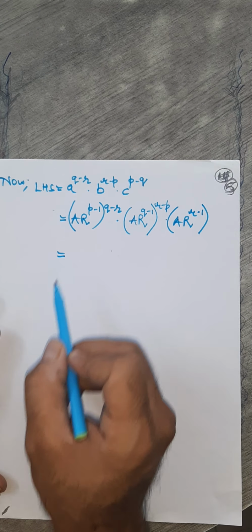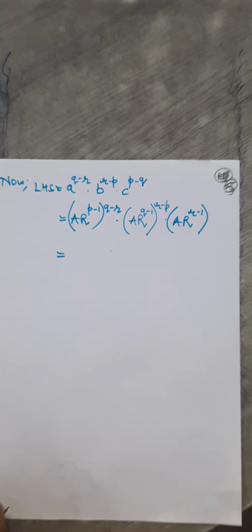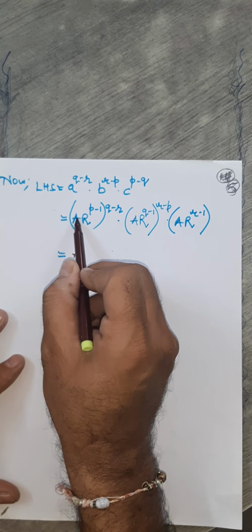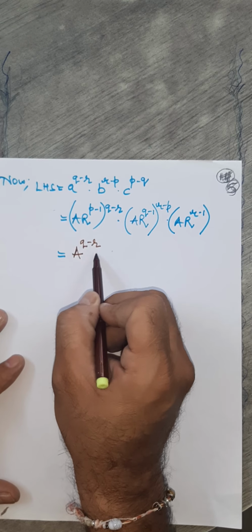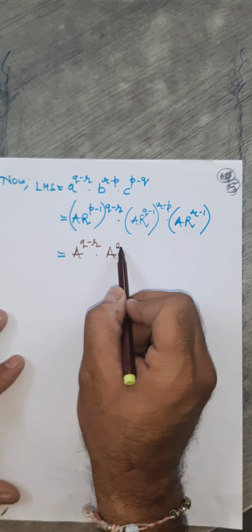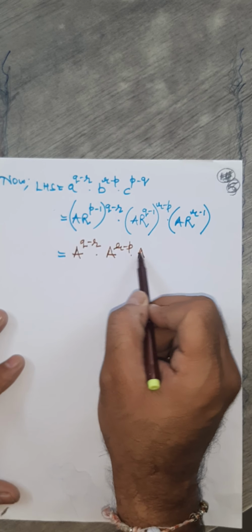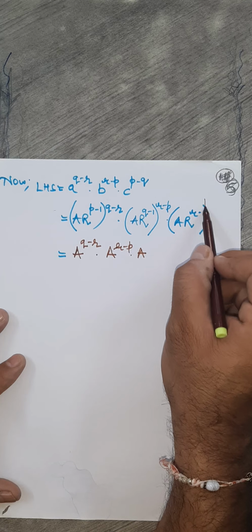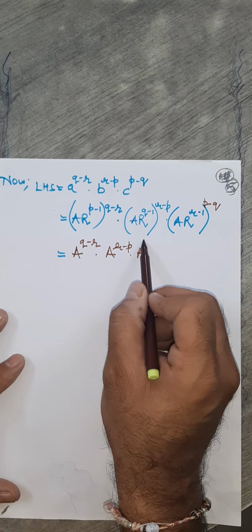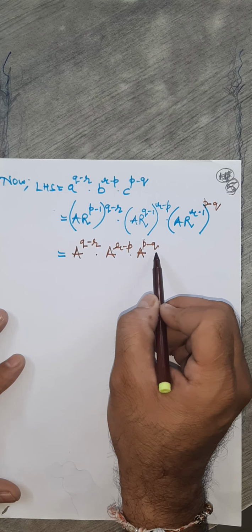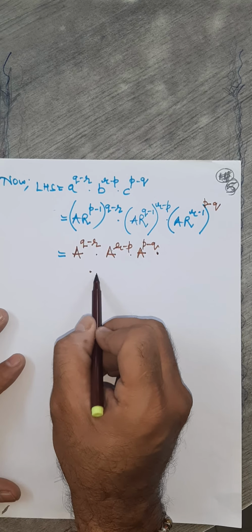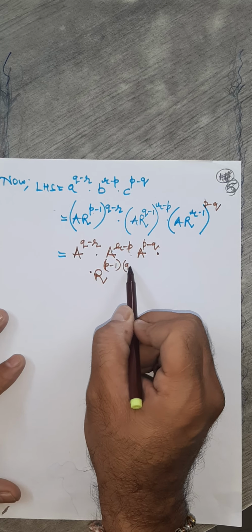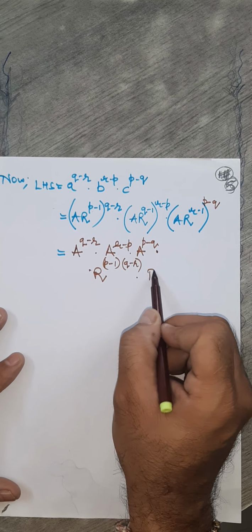Fine. Now we are just simplifying and you will see that you have that power equal to 0. I'm collecting powers of A. So A raised to q minus r into A raised to r minus p into A raised to, sorry, I forgot to write that power. That power is p minus q here. A raised to p minus q. Now the power of big R. This into this, which is p minus 1 into q minus r. Power of the power gets multiplied.